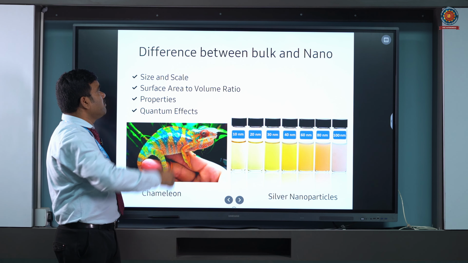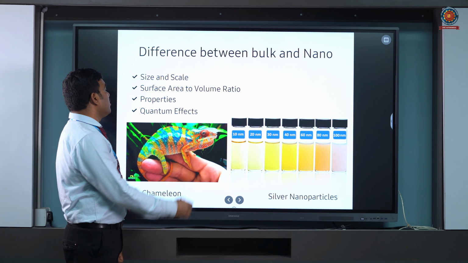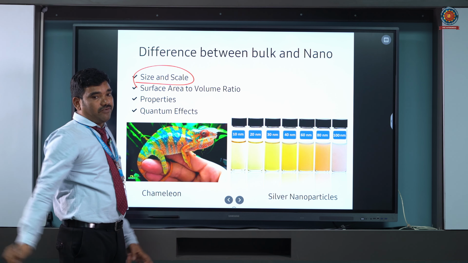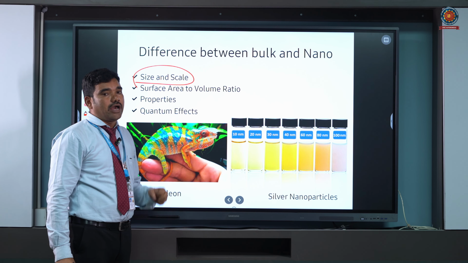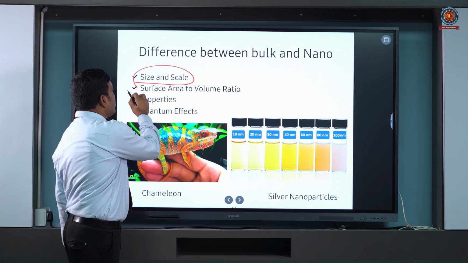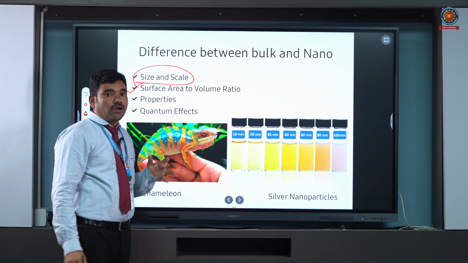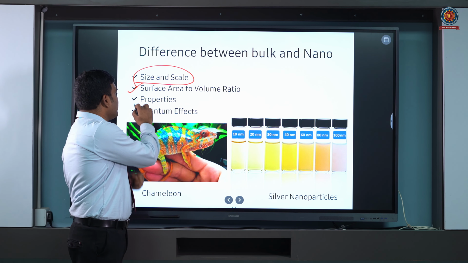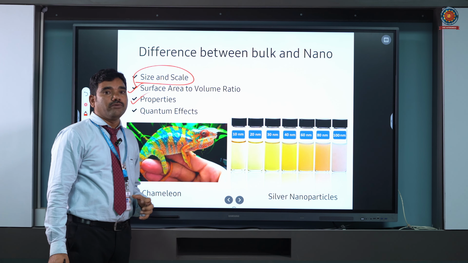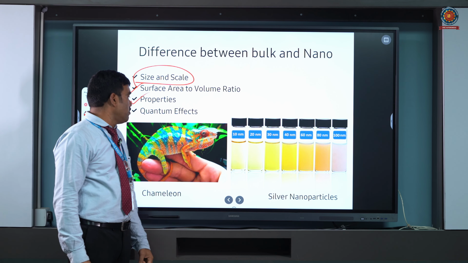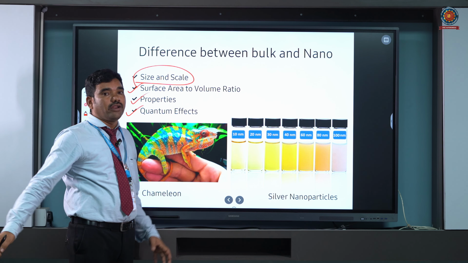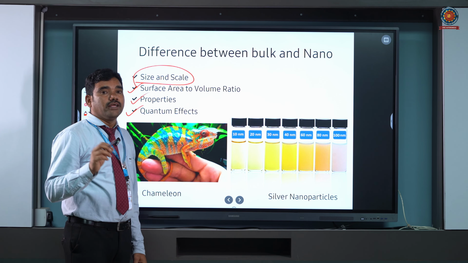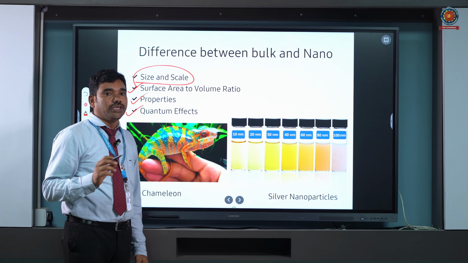See the difference between bulk and nanomaterial. Size and scale are different, surface area to volume ratio is completely different, properties are different, and quantum effect is also different. The properties all depend on nanomaterial size and shape.